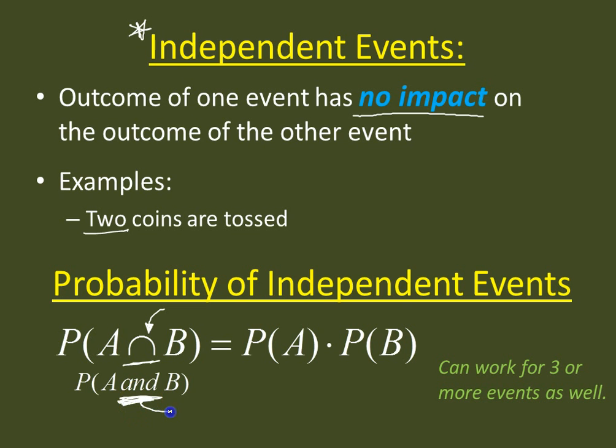So if it's an and probability, what do we know? We have to multiply. So the probability of A times the probability of B. Now over here it says this can work for 3 or more events as well. Okay, just saying that we can go as far as we want into this. We don't have to have two things. We could be tossing 3 coins or 4 coins or 5 coins. It doesn't matter. So as many events as we have.